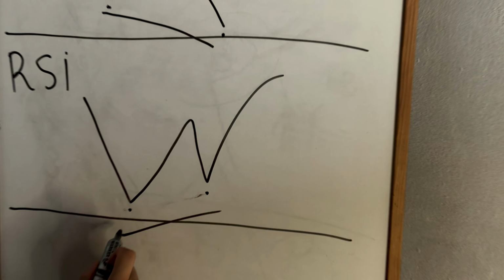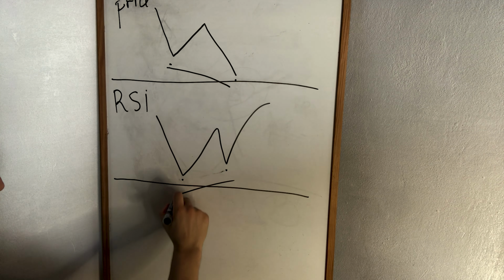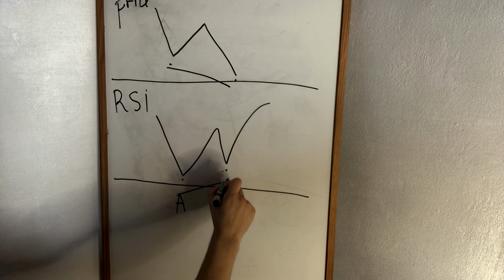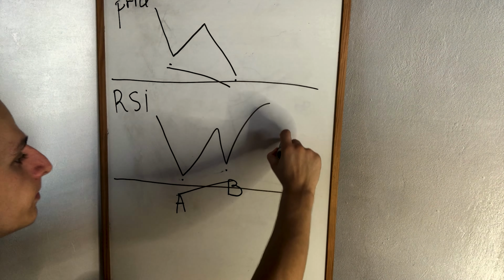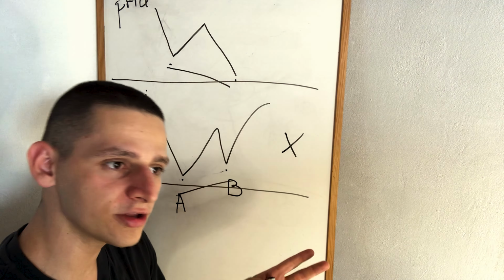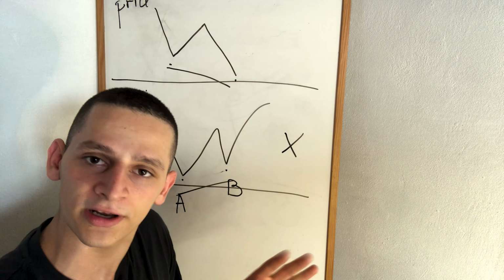If we mark this lower low here with A and this higher low here with B, the final result would be X. So here the formula looks a little bit different.